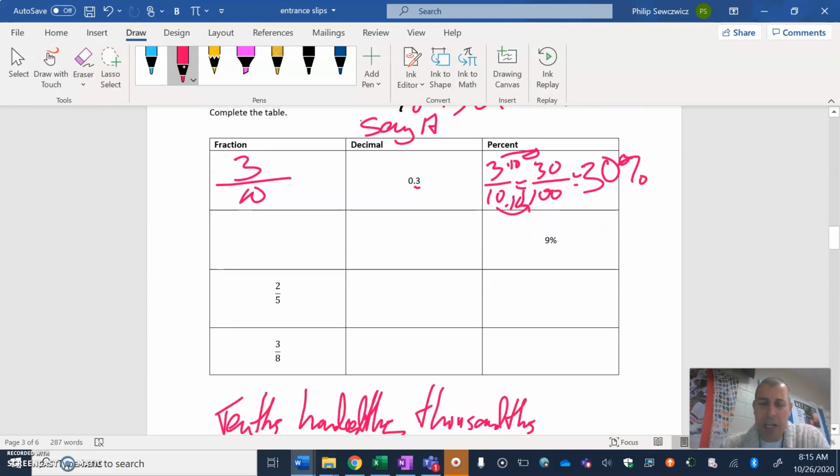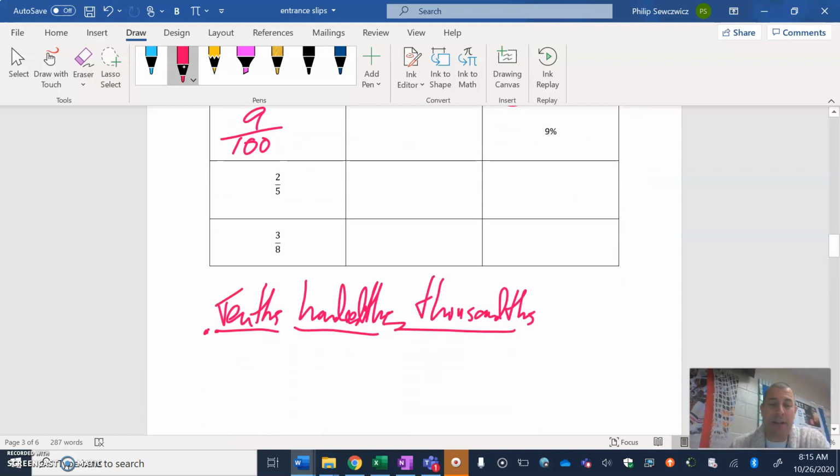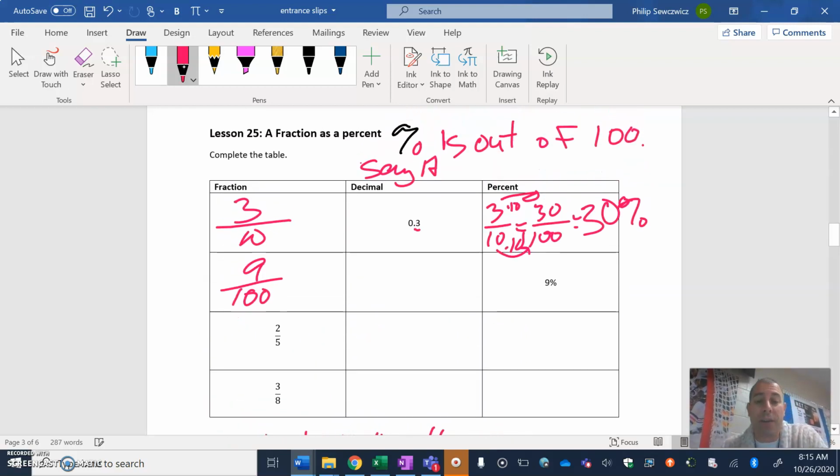This time they gave me 9%. Well, let's think about this. Percent is always out of 100. So there we are, 9 out of 100. For the decimal, we can just say it, because it's either tenths, hundredths, or thousandths, so we can go right from the fraction into the decimal.